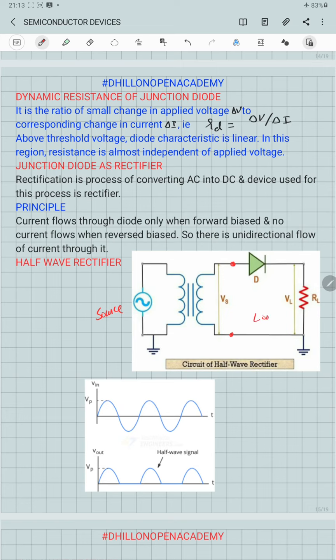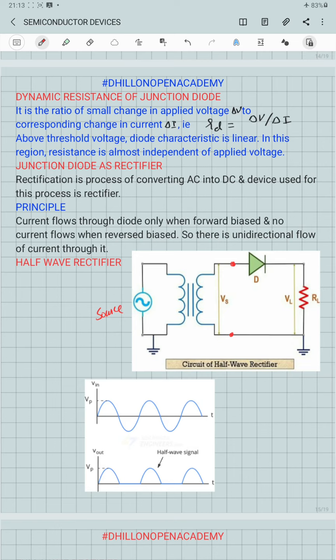We call this the load resistance, which is actually the resistance of the load or the device which is to be run from this direct current.